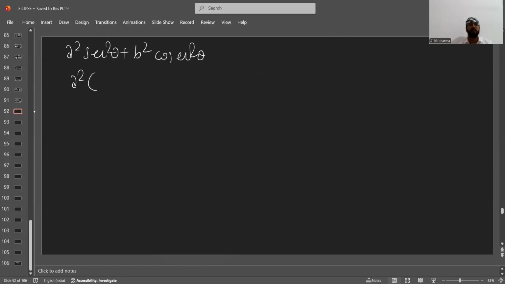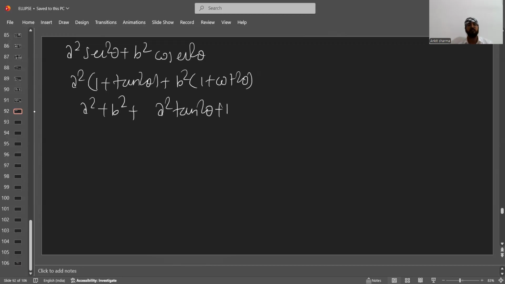We can write a square sec square theta as a square into 1 plus tan square theta, plus b square into 1 plus cot square theta. This would give me a square plus b square plus a square tan square theta plus b square cot square theta. Now, keeping these two intact, we can apply the AM-GM inequality for these two quantities.